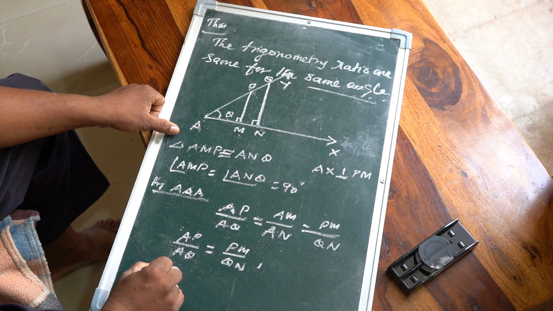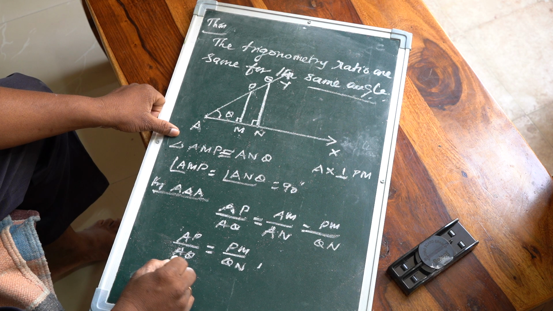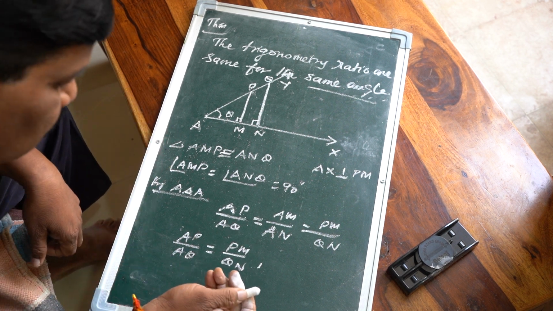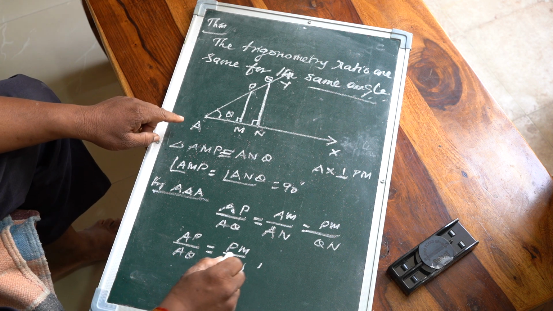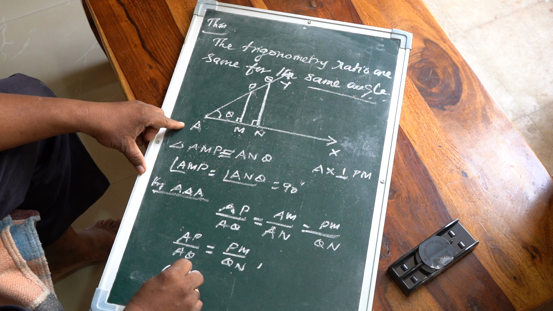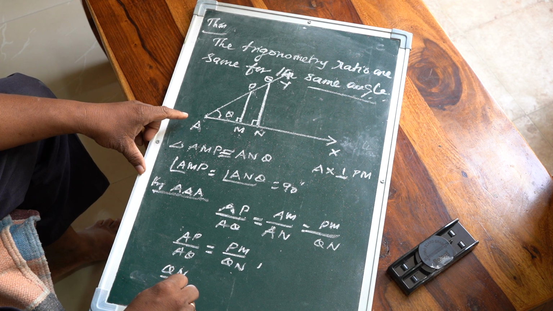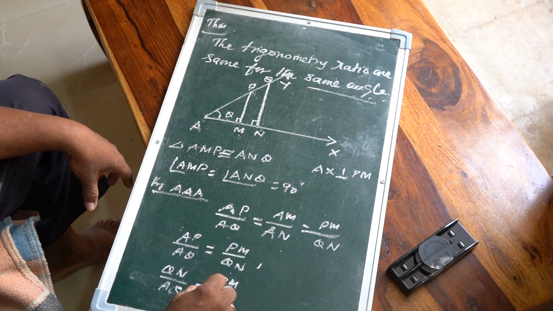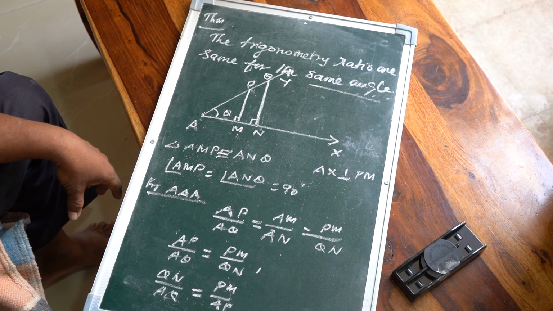Another part, just changing it around, QN by PM equals AQ by AP.